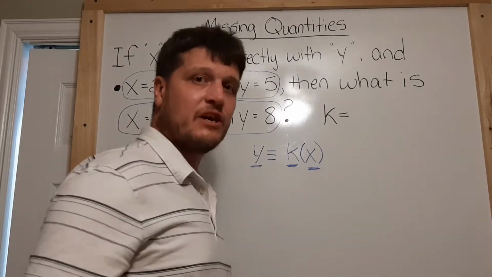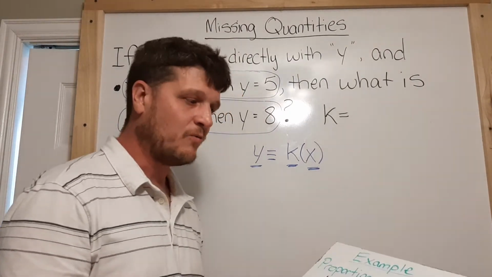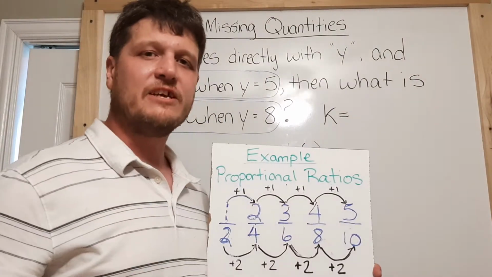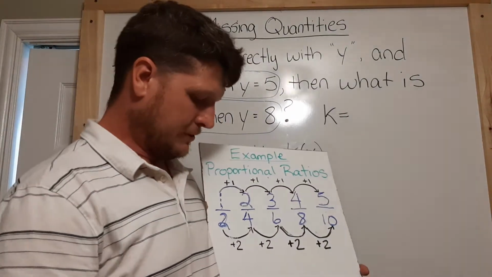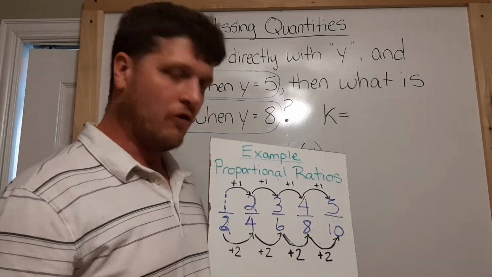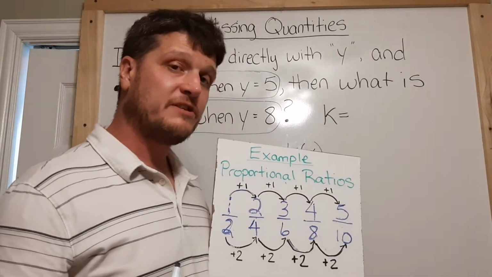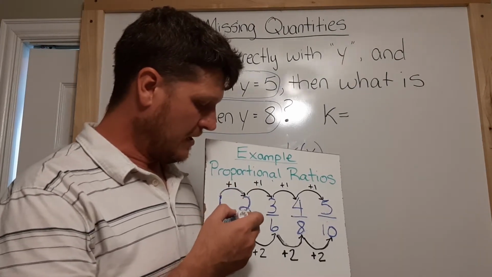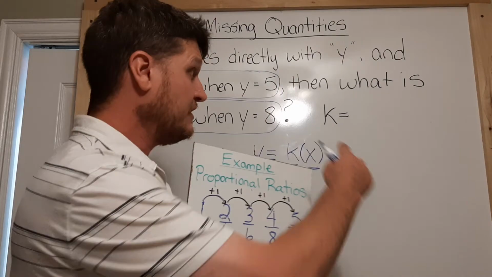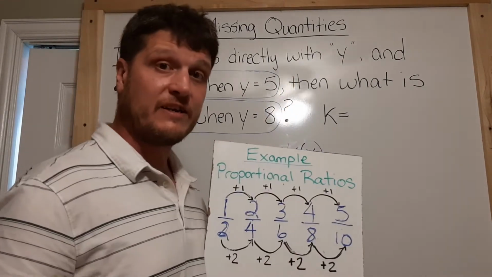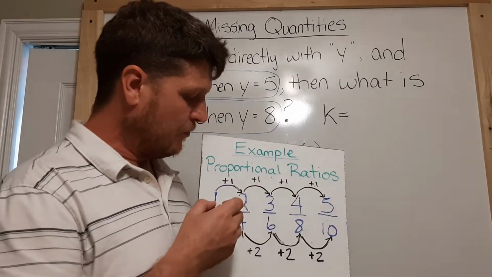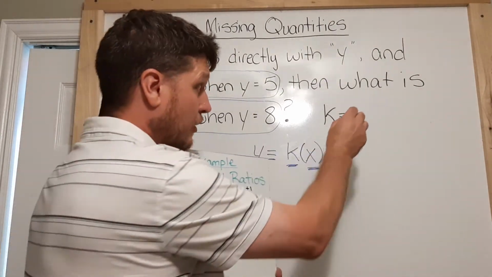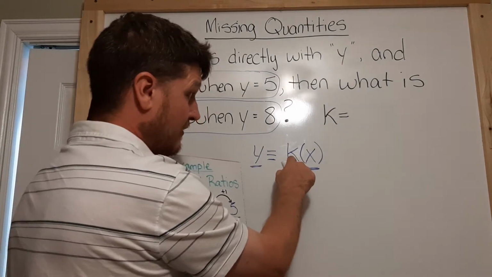Now, I'm going to give you a couple of examples, just some basic equivalent ratios. For instance, our first ratio is 1 over 2. If we expressed that on a coordinate plane, this would be the slope of 1/2. In direct variation, 1/2 would be the constant, the number that goes here or here in the equation.